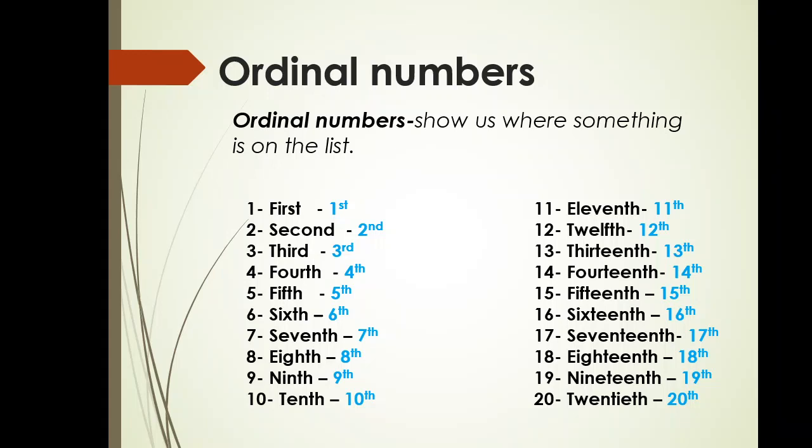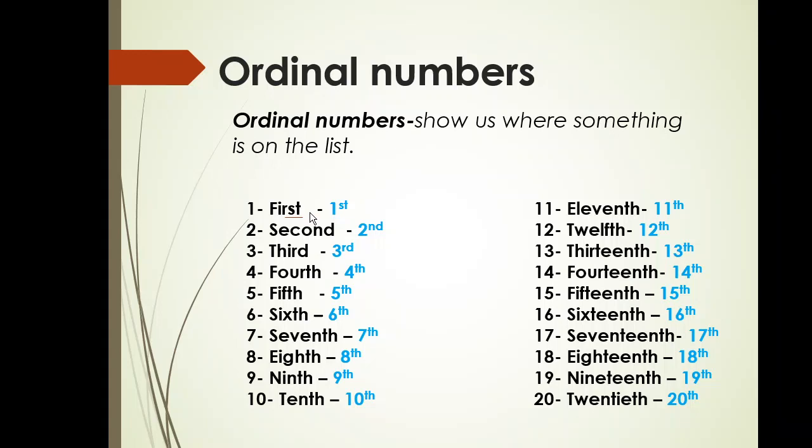So each ordinal number ends with the same two last letters as their words. What I mean here, an example. First, when you are writing the number in numbers, you first write the number 1 and then the last two letters of the word.